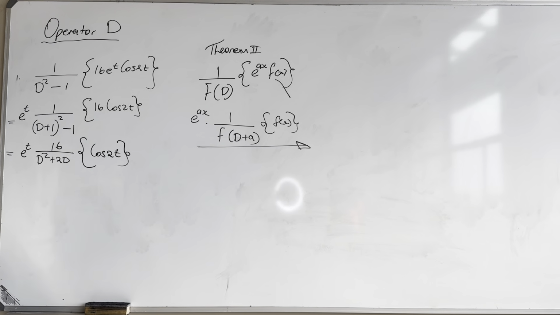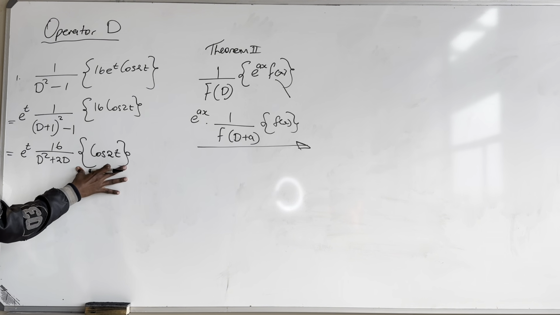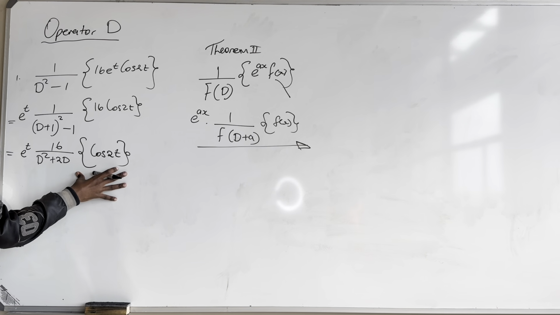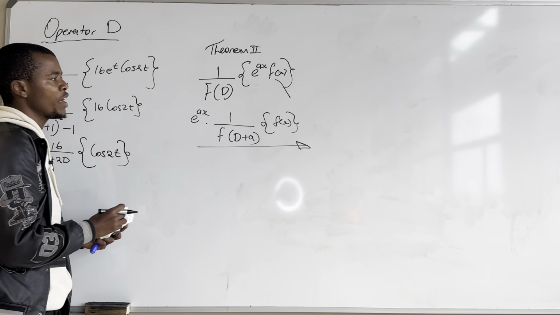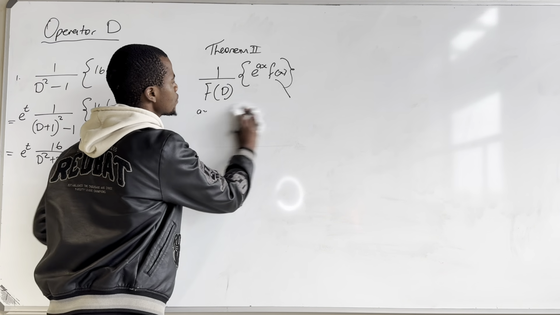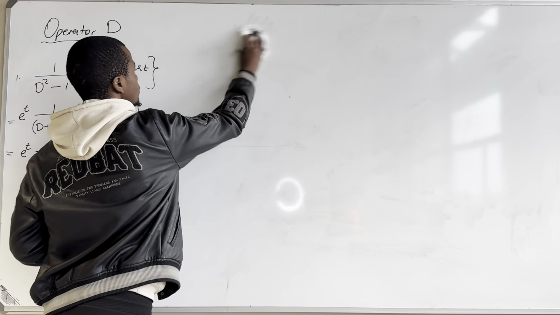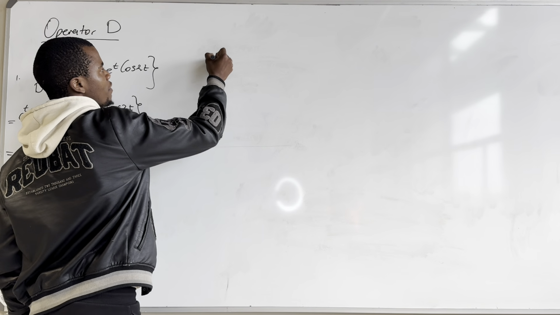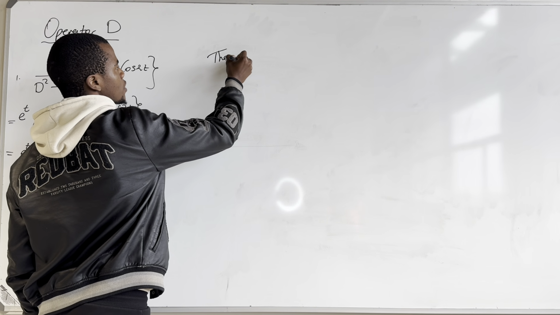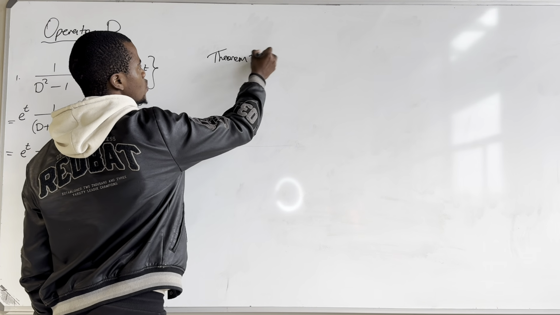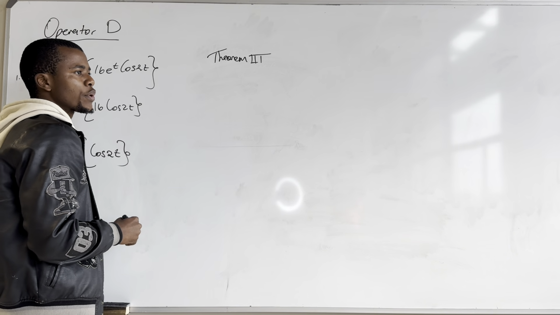Now what we need to do is apply theorem 3, because we can see that here we have a trig function, and whenever we have a trig function, we use theorem 3.